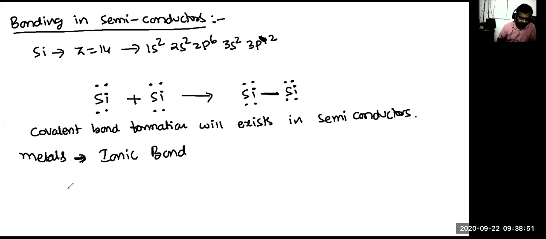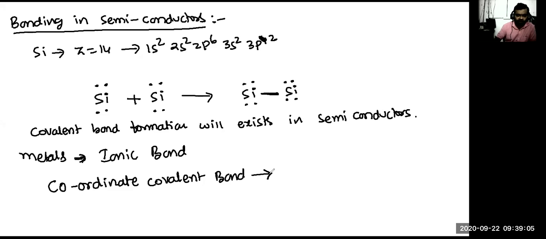Now, coordinate covalent bond is there. This coordinate covalent bond exists in what type of substances?